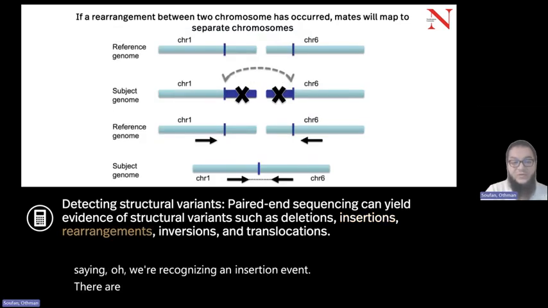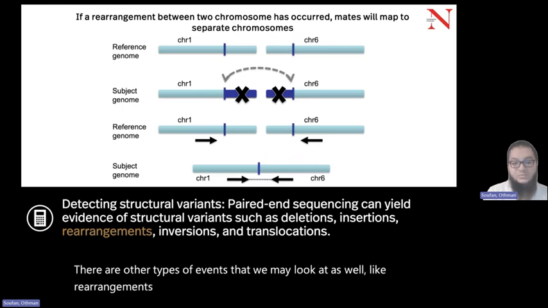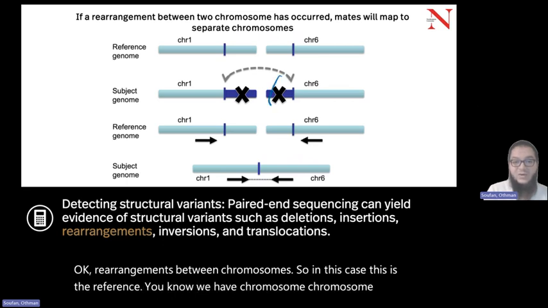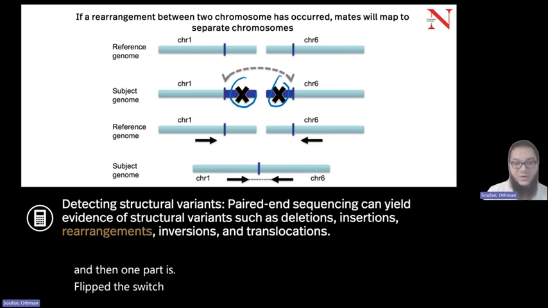There are other types of events that we may look at as well, like rearrangements between chromosomes. So in this case, this is the reference genome. We have chromosome 1 and chromosome 6. And then one part is flipped and switched with this other part.